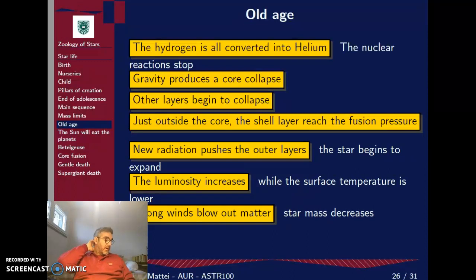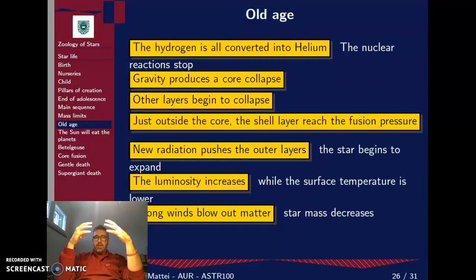Once the star reaches its final age, the hydrogen was all converted into helium. At a given moment, the nuclear reactions stop. When a nuclear reaction stops, there is a sudden collapse. The core collapses and the other layers bounce back because of a new pressure.